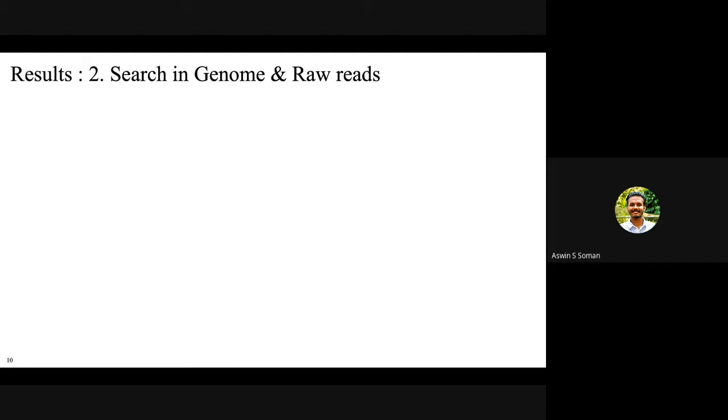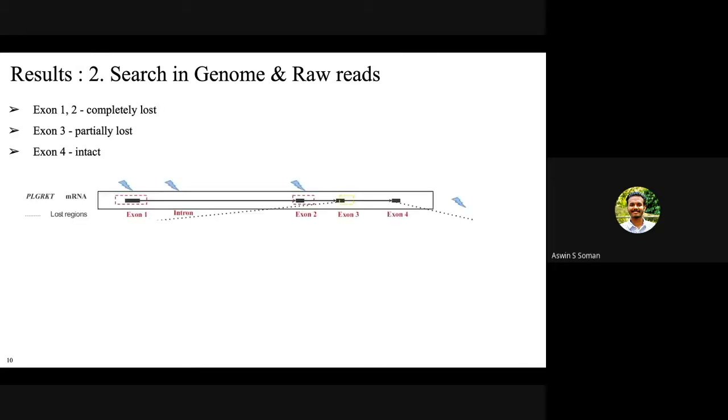PLGRKT has 4 exons, and it was found that the first and second exons are completely lost, the third exon was partially lost, and the fourth exon was completely intact.